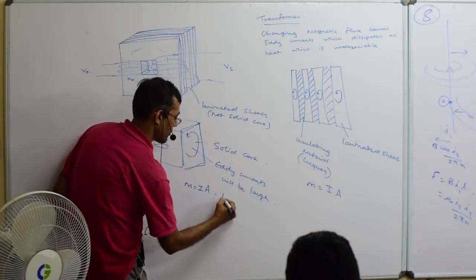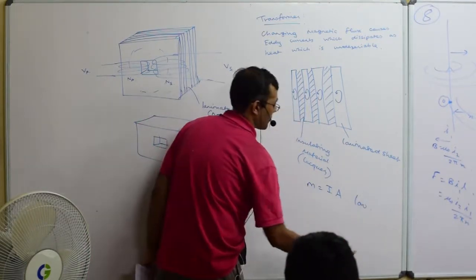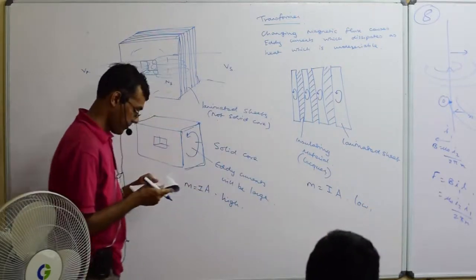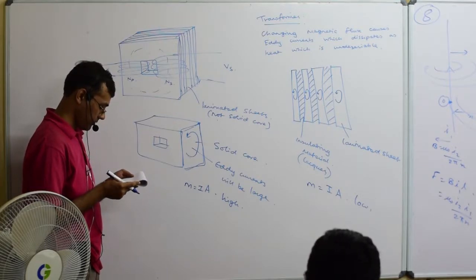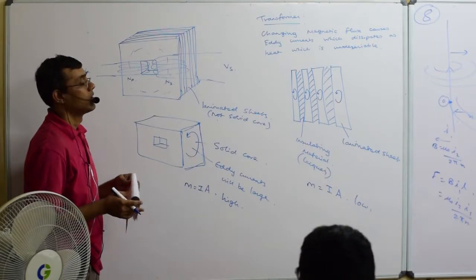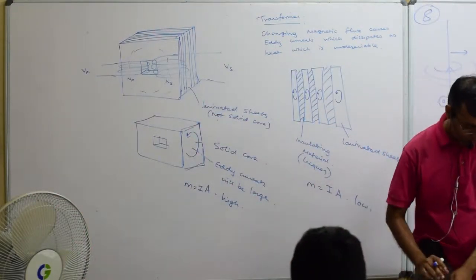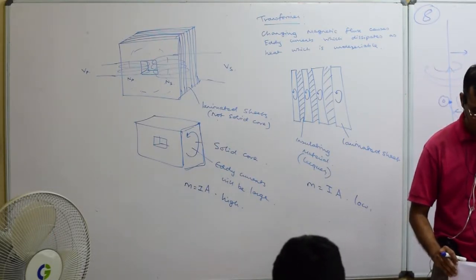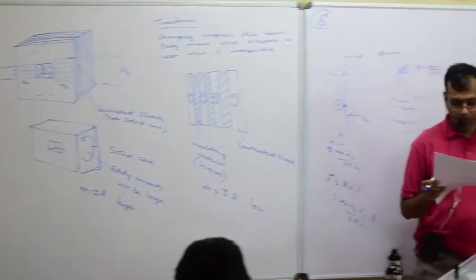So I can say this is high, this is low. Okay. I think this is one thing which I didn't cover earlier when I did the eddy currents block, because I thought I have to give you some understanding about the transformer.